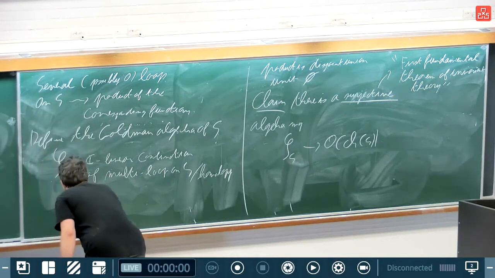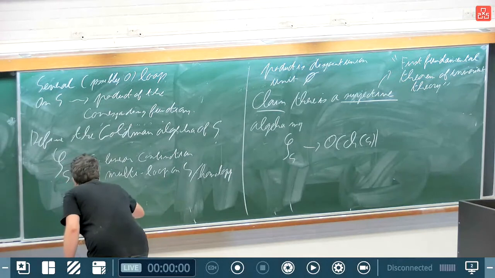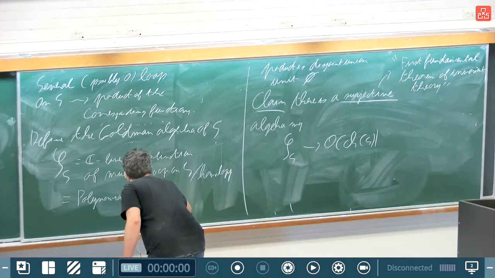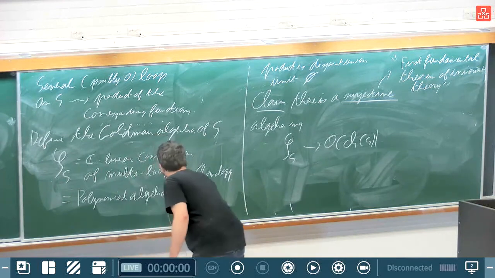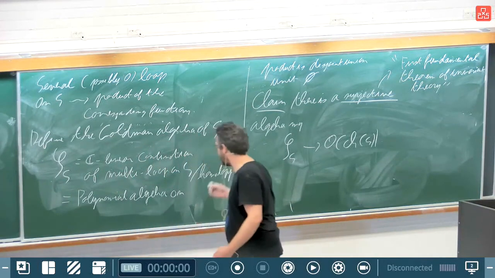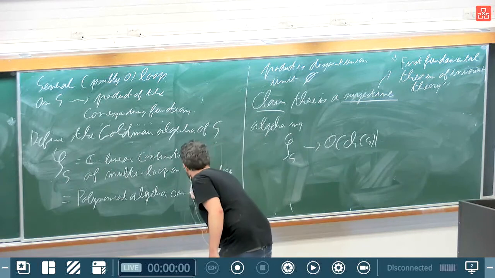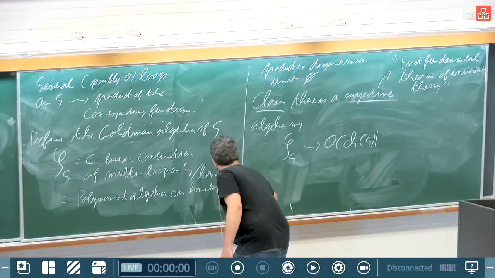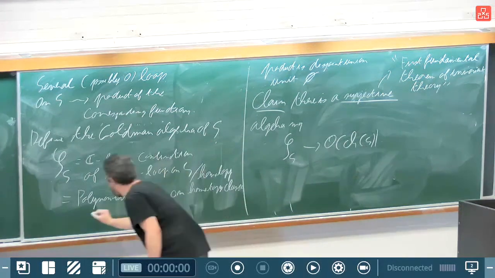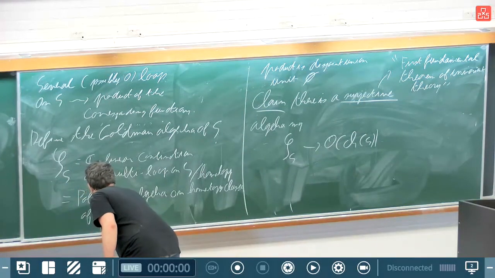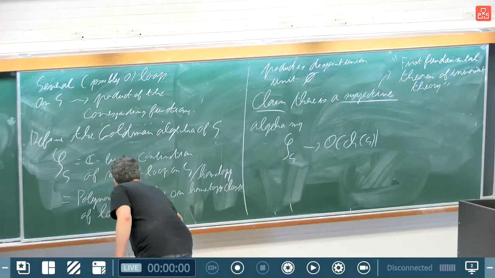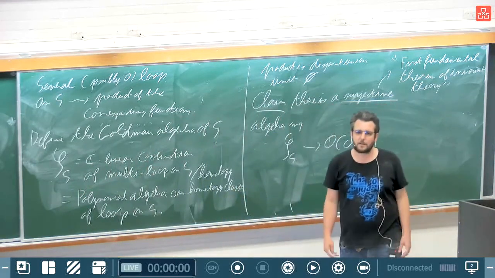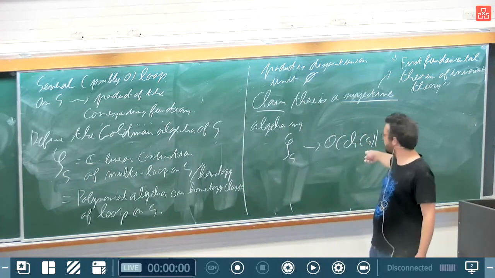So this thing is a polynomial algebra which has one generator for every homotopy class of loops on the surface. Indeed, this is a polynomial algebra.